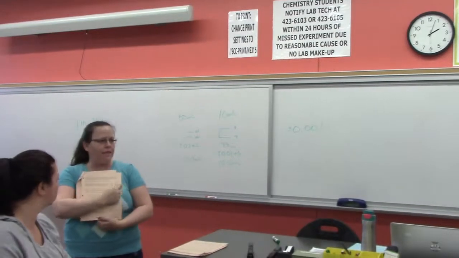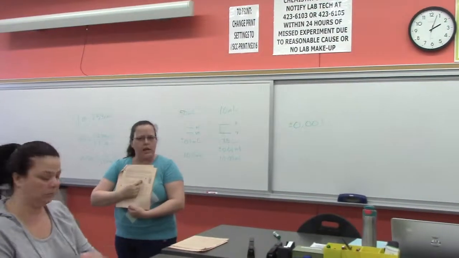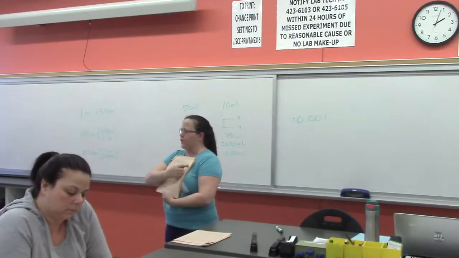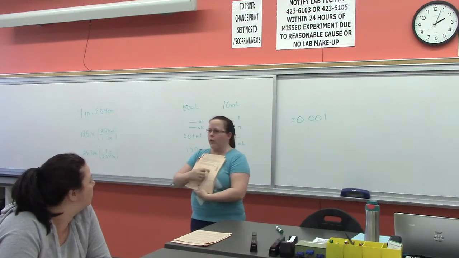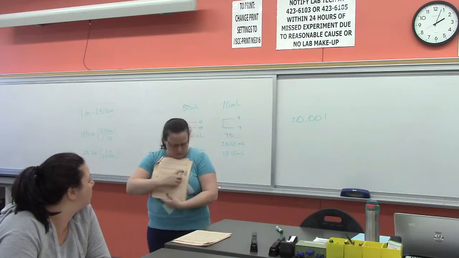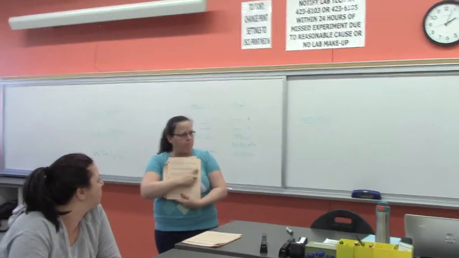So instead of getting a flat surface across the top of your liquid, you get this curved surface. And that curved surface is called a meniscus. When you read a graduated cylinder, you always want to read at the very, very bottom of that curve, okay?